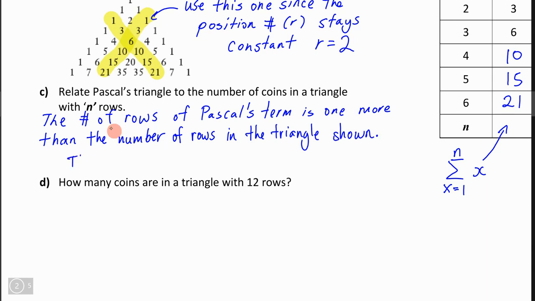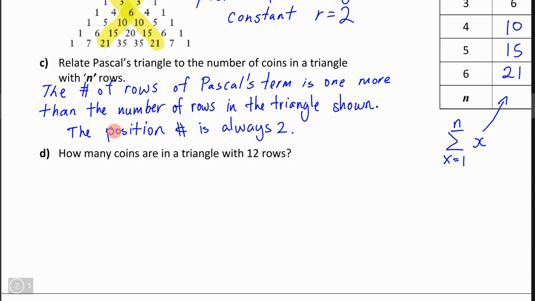The position number is always 2. So if the term number is t of n plus 1, the row is n plus 1, and the position is 2.